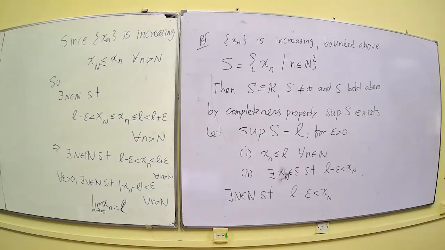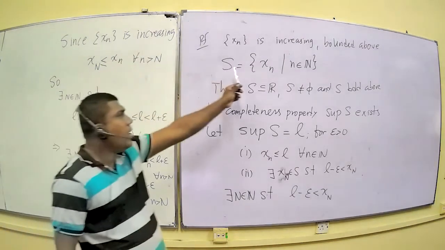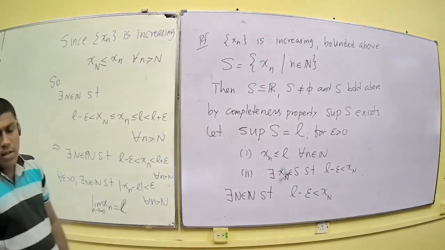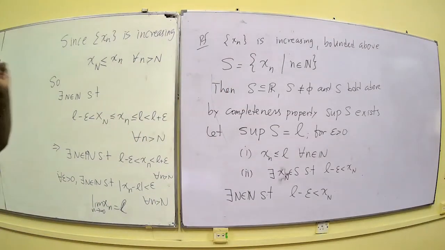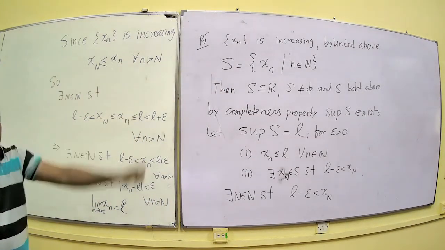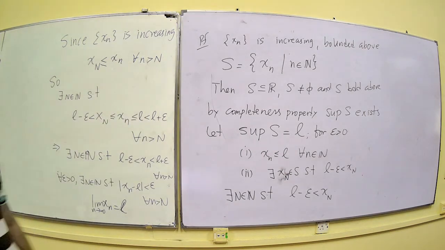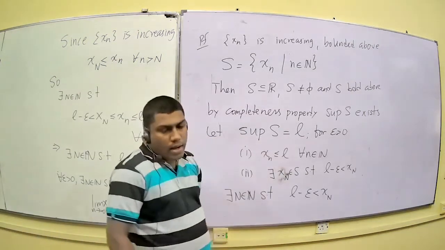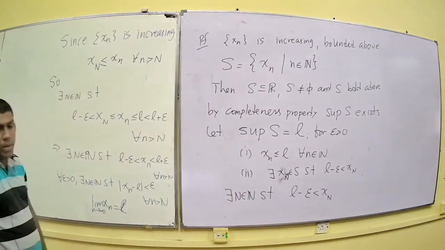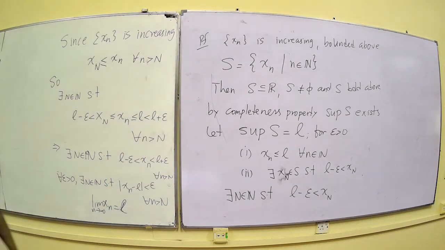Okay, so what we did is, we take the set of components of the sequence, and because of boundedness, we apply the completeness property and get the supremum. And then we show that the supremum is actually the limit.